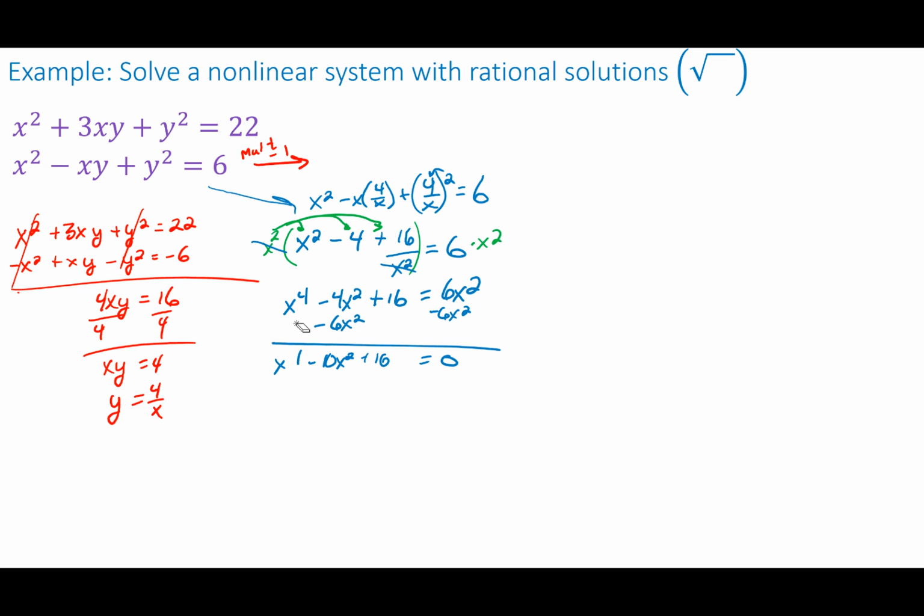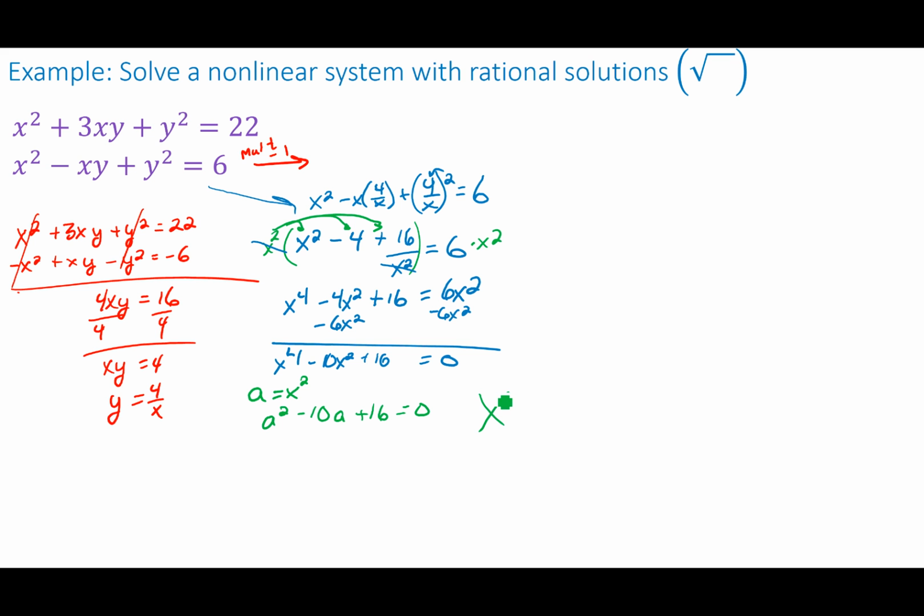So now we have a degree 4, a quartic polynomial that we need to solve for x. We worked on this before. We could use a substitution where I let a represent x squared. So now rewriting this, I have a squared minus 10a plus 16 equals 0. So I've turned my quartic into a quadratic, and I can solve.